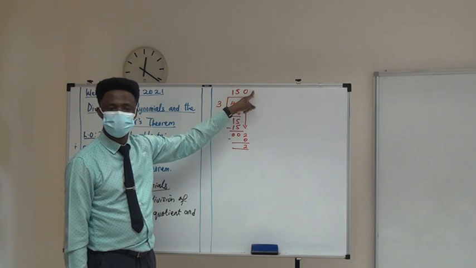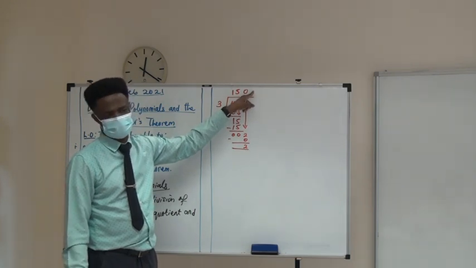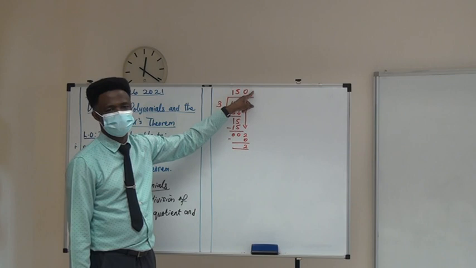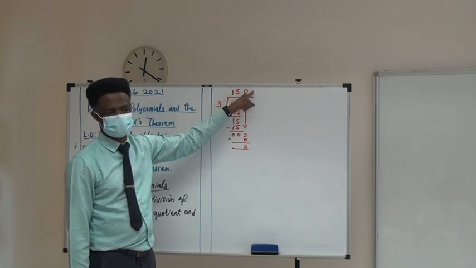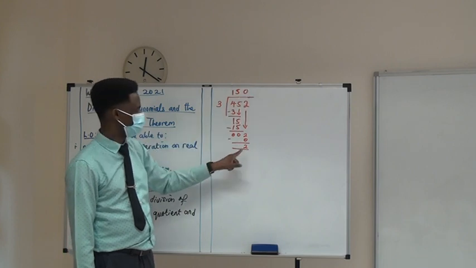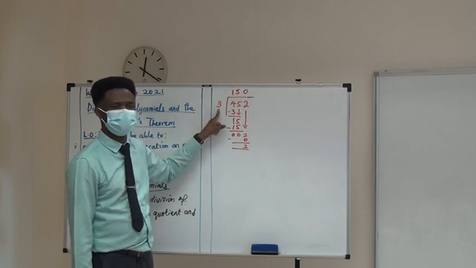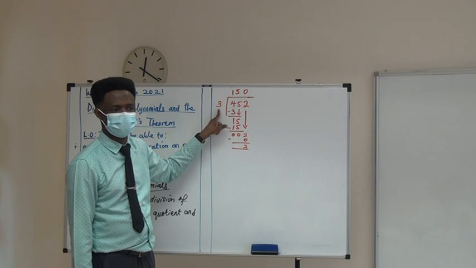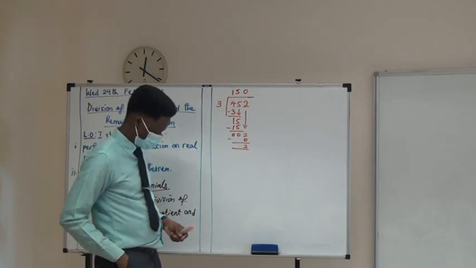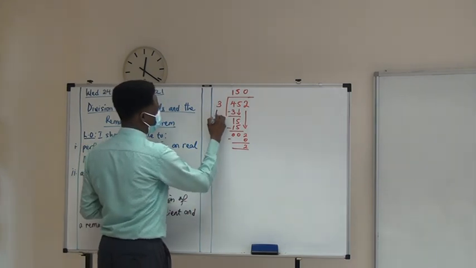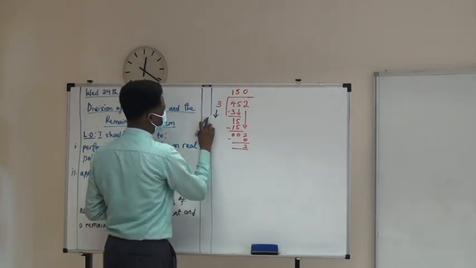What is this called? We never got a name then. The dividend? No, it's not. Okay. This is the quotient. Oh, okay. Quotient. Okay? This is the remainder. This is what? The divisor. And this is the dividend. Okay? So this is called divisor.